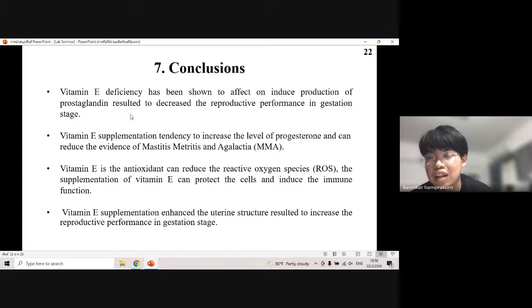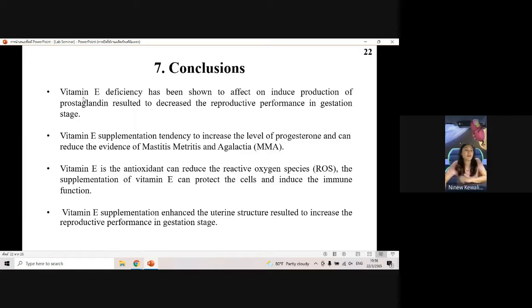But this contrasts with the last one, where you say it will enhance the uterine structure and increase the reproductive performance. It's a little bit contradictory.